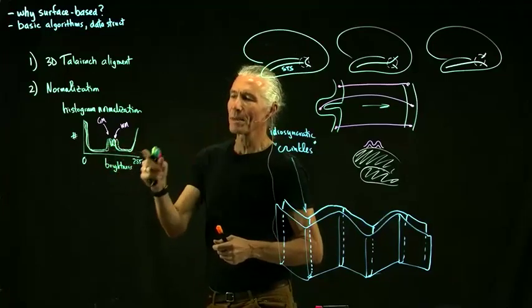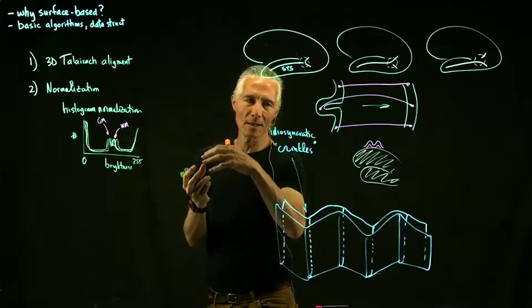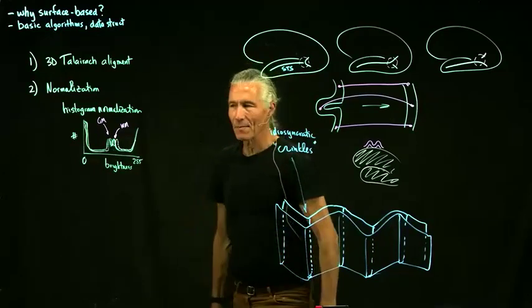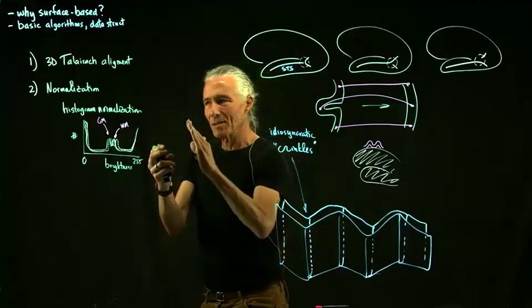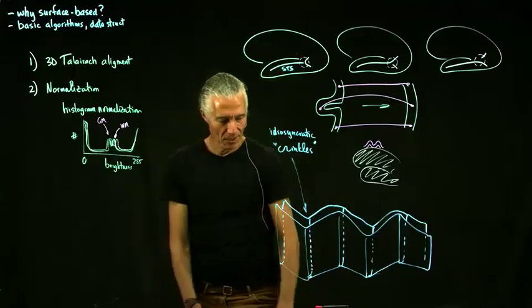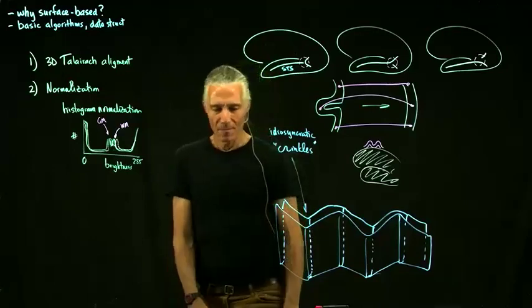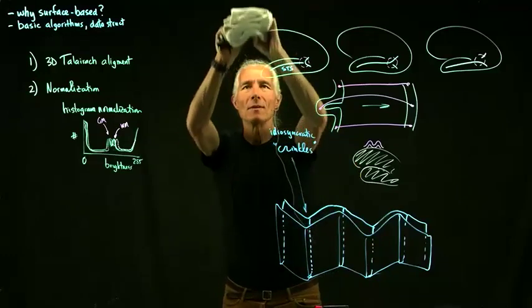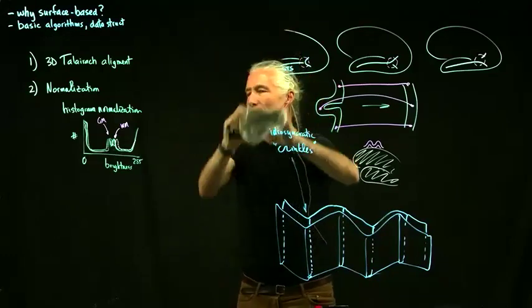So you just make a histogram of small chunks of the brain and then look for peaks in it. And once you've found those peaks, you can shove them back into alignment. That's just one of many different methods for trying to normalize things.